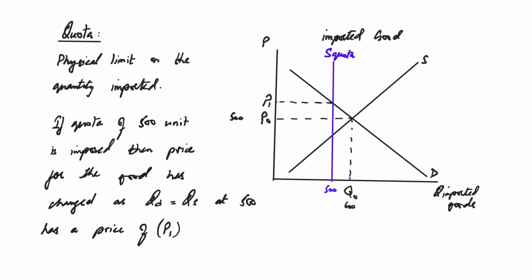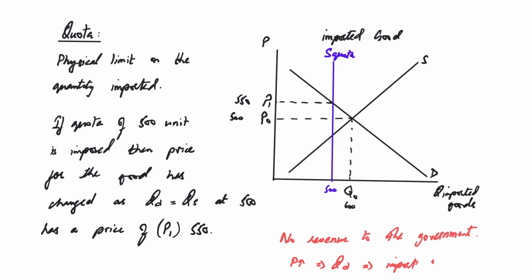P1 की price, let's say 550 or so. So there's no revenue to the government जो tariff के अंदर मिल रहा था. Price has risen, quantity has fallen, so clearly import has gone down, and maybe that's what we were looking for.